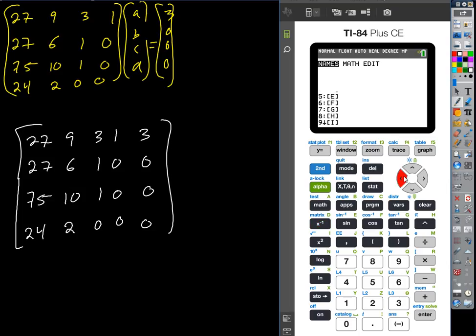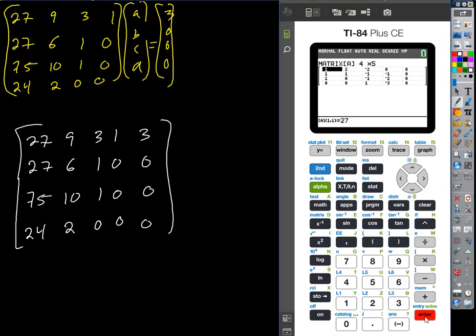So we go over to edit matrix A, and then we're just going to set it up like this. Those are separate columns. That's a 3 and a 1, not a 31 and a 10. So enter this one just like it looks up here.